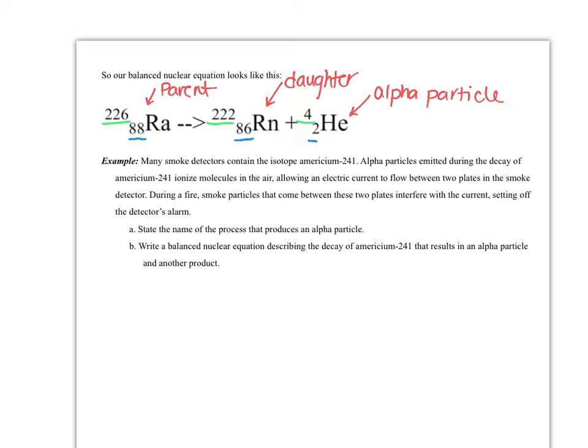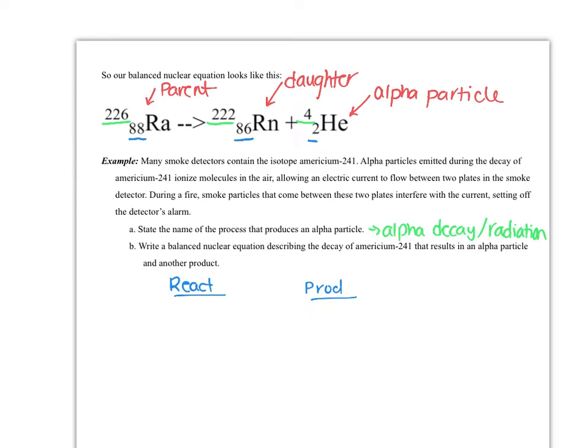So the process that produces an alpha particle, you could either write alpha decay or alpha radiation. Either or would be acceptable here. And then we're going to write the balanced nuclear equation. So let's set this up with our reactants and our products. So americium-241, again, looking in your data booklet, 241 being the approximate atomic mass.